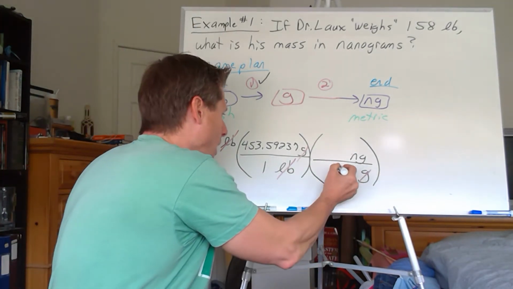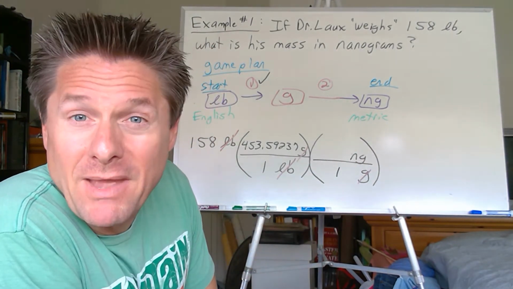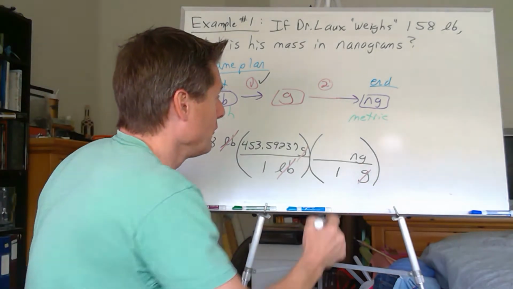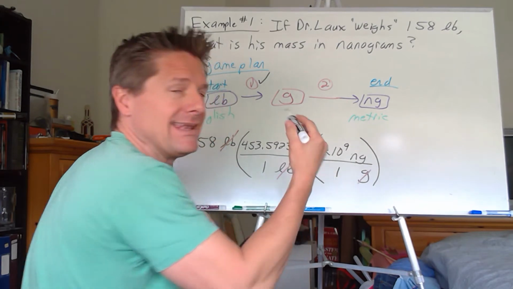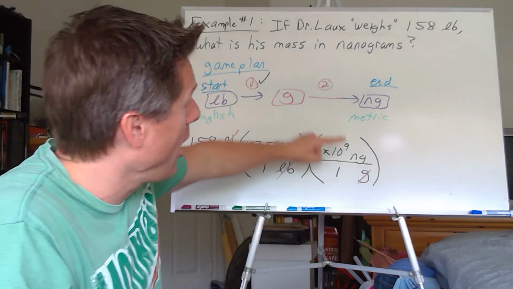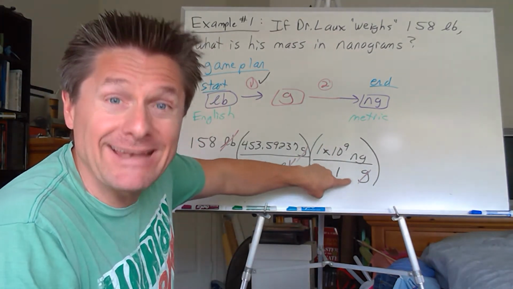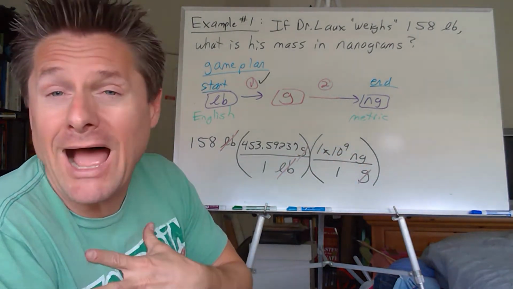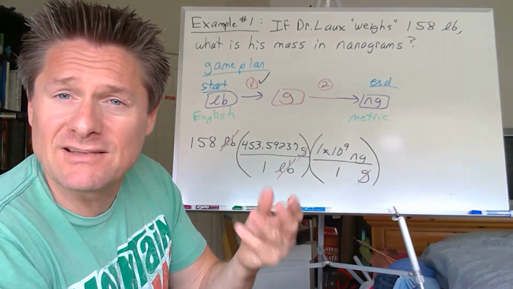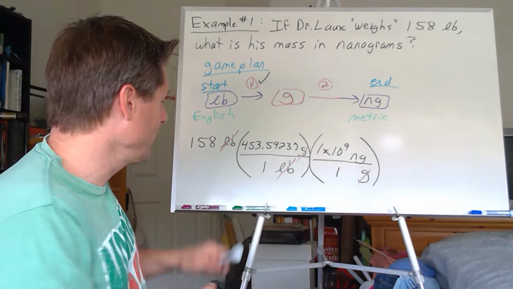So I'm going to put a 1 in front of my gram. And nano is 9, so there's 1 times 10 to the 9th, or 1 billion nanograms per gram. You could have gone 1 times 10 to the minus 9th grams per nanogram. That works just as well. I just don't like it myself because I get mixed up with the negative exponent. So however that works for you.